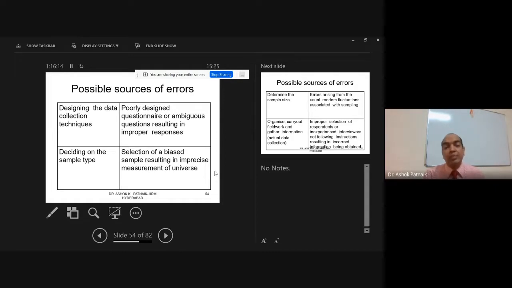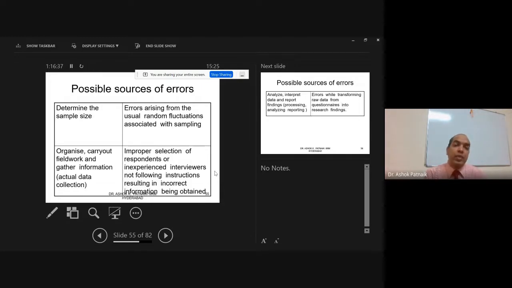Then deciding on the sample type. Similarly, if the sample is not properly measured, there is a sampling technique, which I'll tell you in some other session. If the sample is not properly selected or there is not an adequate number of samples, that leads to biases and possible errors. Errors also come in because of fluctuation associated with sampling, as I already told you.